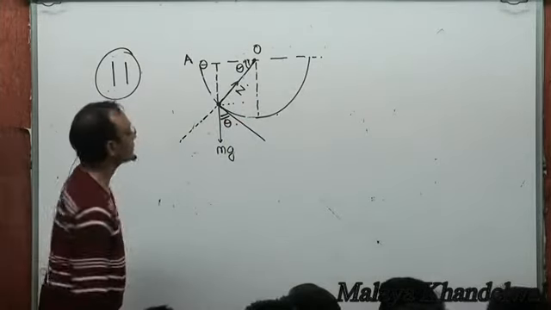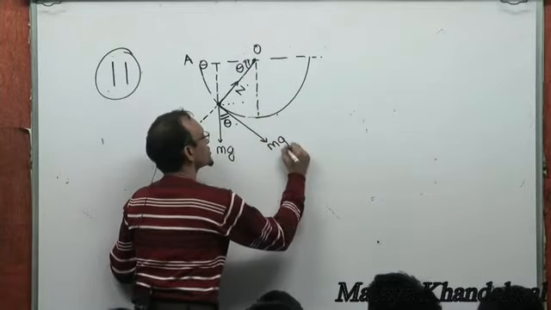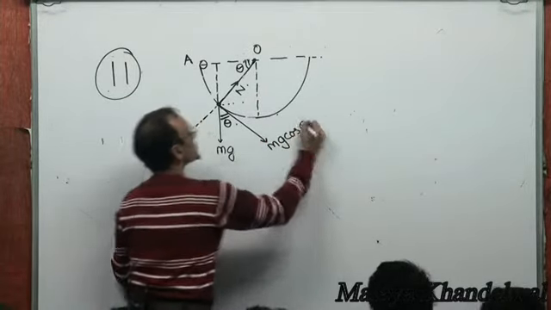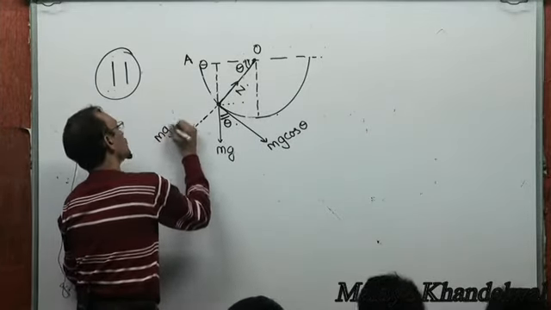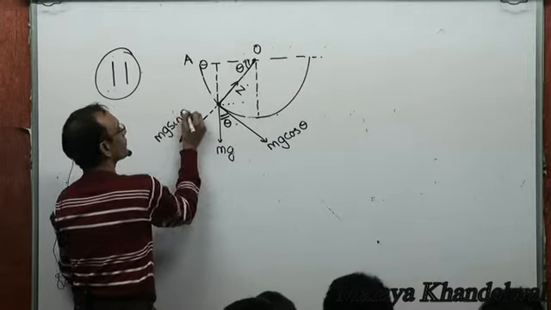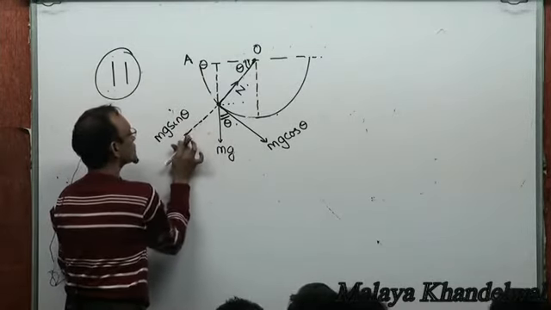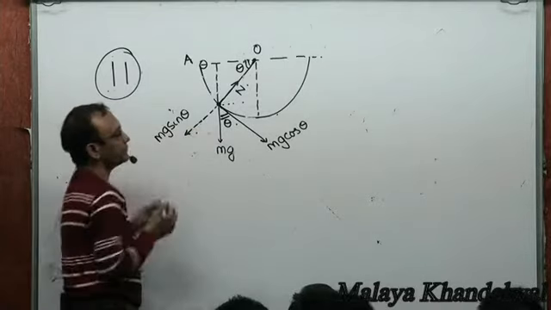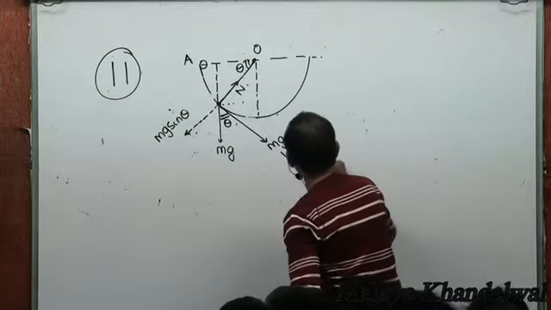This would be theta, right? mg could be resolved as mg cos theta along the tangential direction, and mg sin theta along the radial direction, like this, right? And the particle would have developed a tangential velocity v.